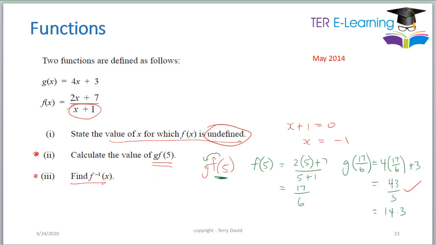Now, this one here, we tend to get some answers for that one. So see, Danica gave me an answer, 7 minus x over x minus 2. Alright, I'll work it just now.